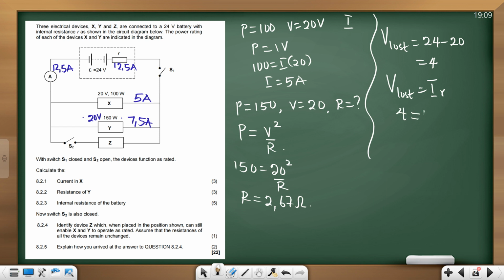Do I know my total current? 12,5 multiplied by what? r. What's your answer? 4 divided by 12,5. 0,32 ohm. My dear learners, check 5 marks.